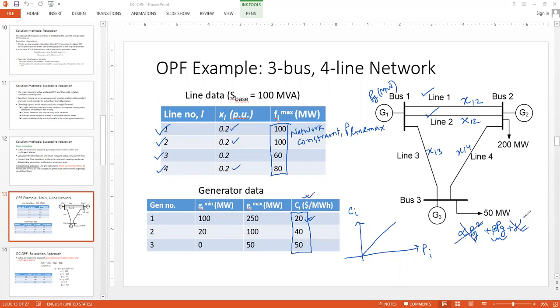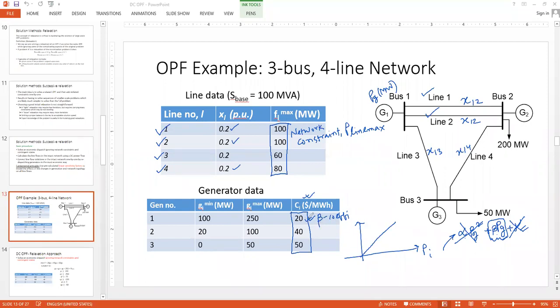We don't have any constant part, only a linear part going through the origin. So these are nothing but the beta coefficients of the original quadratic cost function.